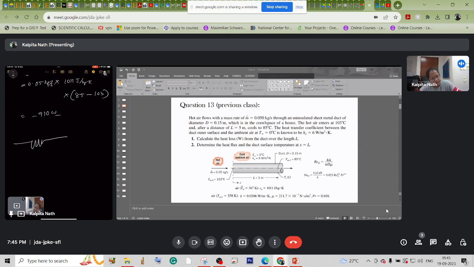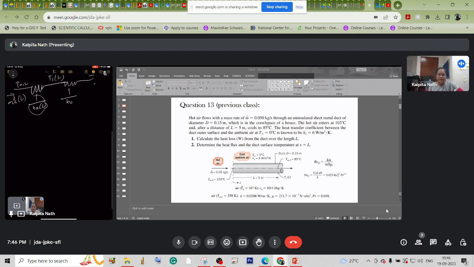If we write this in terms of resistance, this is h x at L, and h naught. This is Ts at L, this is Tm L, and this is T infinity, the ambient, and this is q s L. This is the heat transfer coefficient when the fluid passes through the pipe.